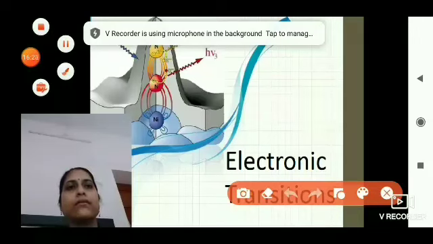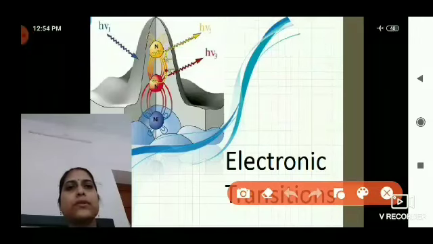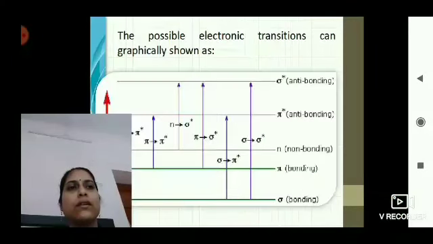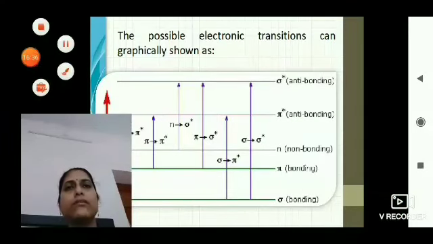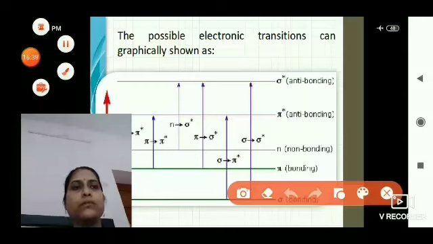Next, what types of transitions are possible?